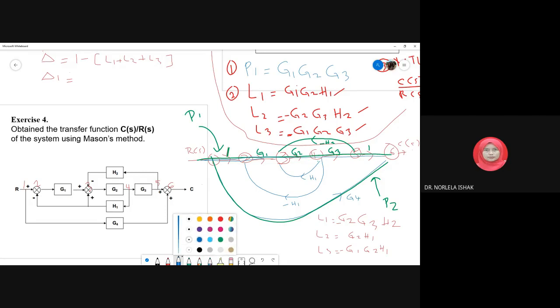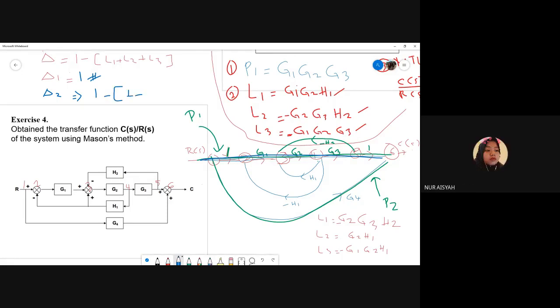Okay, loop semua touching. Okay, all touching. So meaning delta 1 equal to? 1. Okay. So how about delta 2, cofactor number 2? All non-touching. Semua ada. So macam mana? Sekarang 1 minus. Okay, semua ada maksudnya. Meaning 1 minus L1, L2, L3.